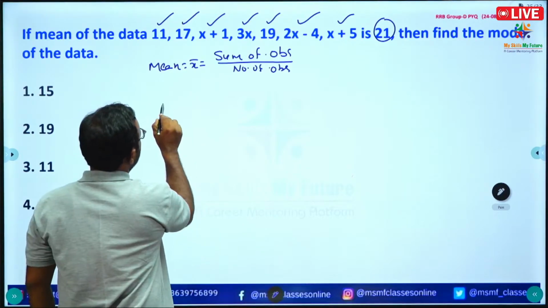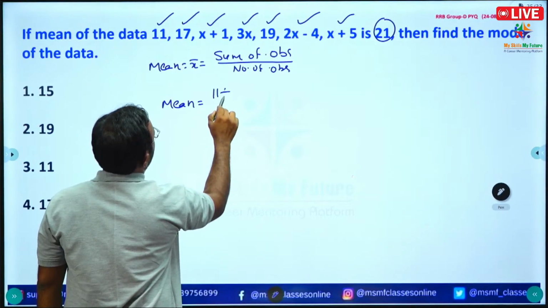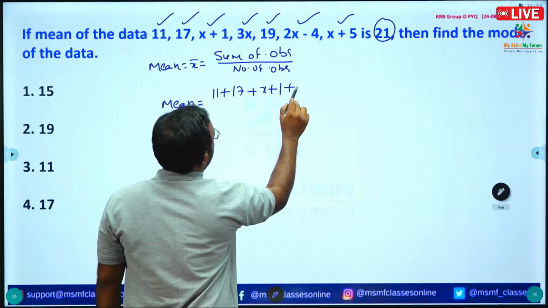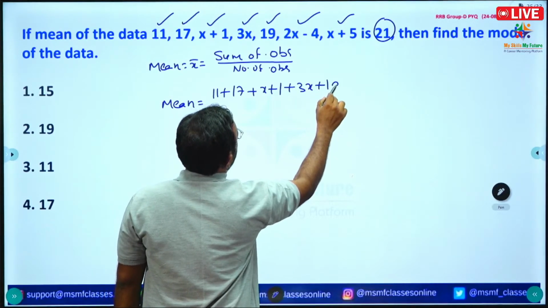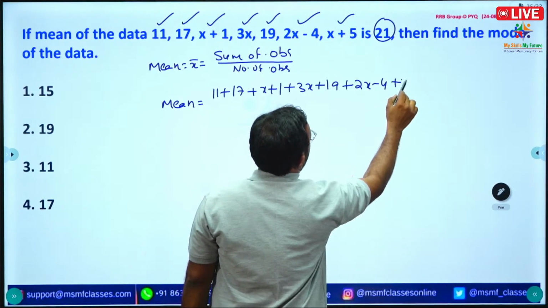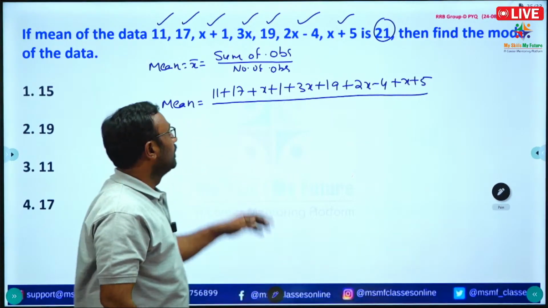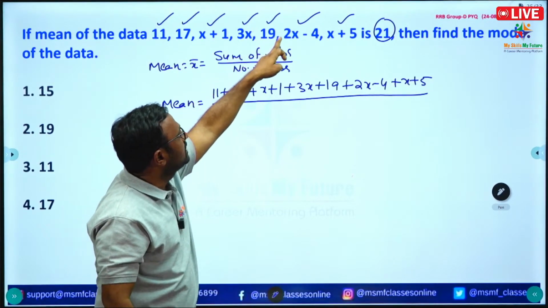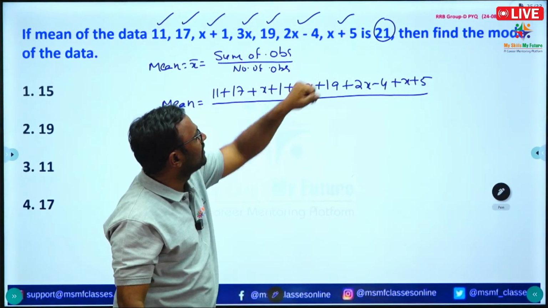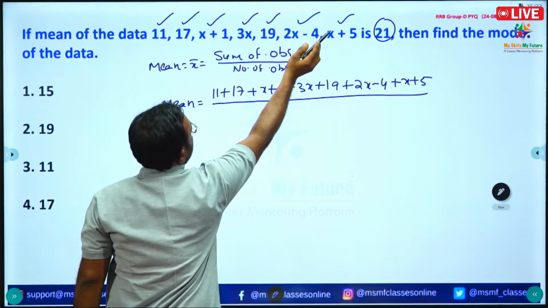So they have given mean is equal to the sum of 11 plus 17 plus x plus 1 plus 3x plus 19 plus 2x minus 4 plus x plus 5, by the number of numbers, which is 7.